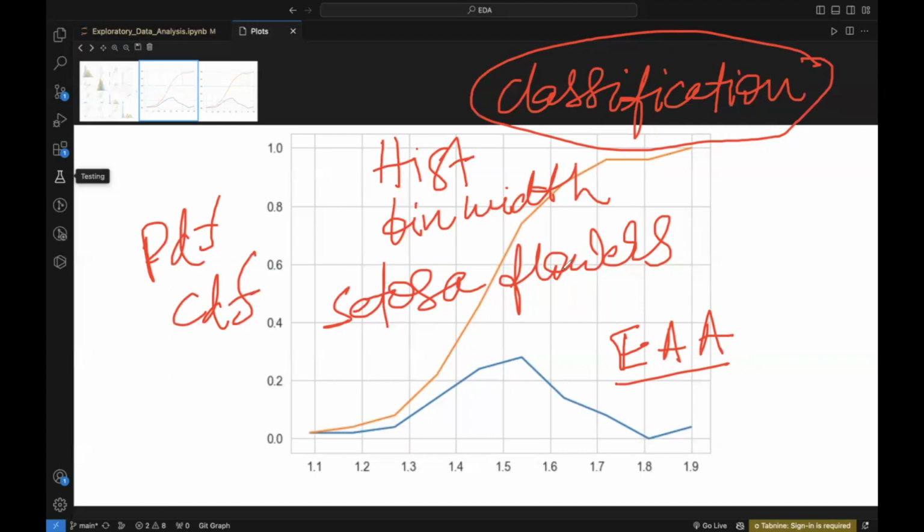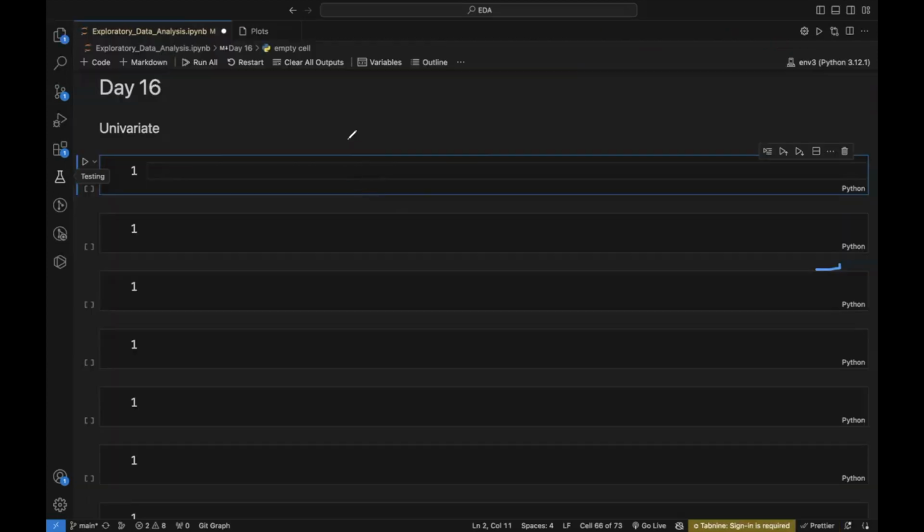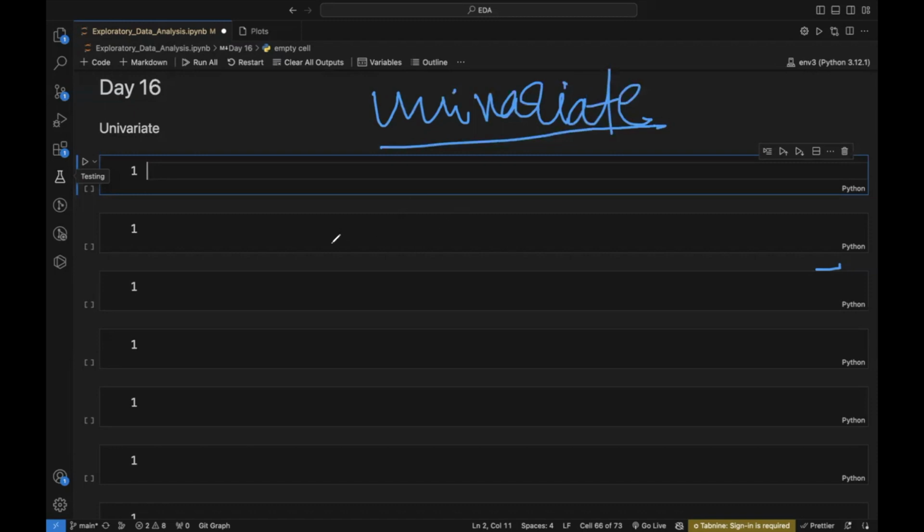Having said that, let's define a few terms, because we have done a lot of analysis, but there are some terms associated with it. Look at the first term. This is called univariate analysis. So when you are looking only at one variable, let's say my variable is petal length.